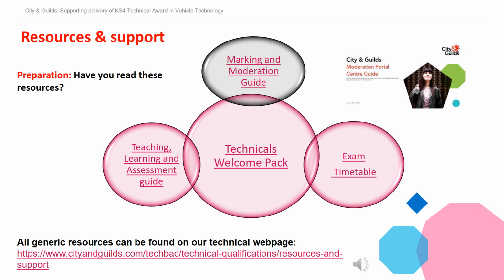Using the Teaching, Learning and Assessment Guide will help you understand how the assessment is marked, providing guidance for the area carried out in the centre and the overall moderation process in the Marking and Moderation Guide. There is a welcome pack to take you through setting up for working with City and Guilds and its technical qualifications, and most importantly the exam timetable that provides dates for booking exams, synoptic projects and when they will take place.